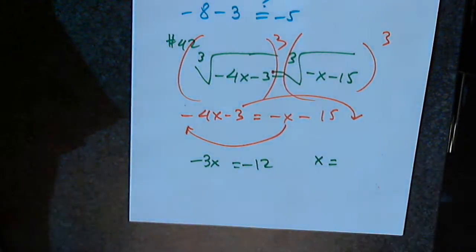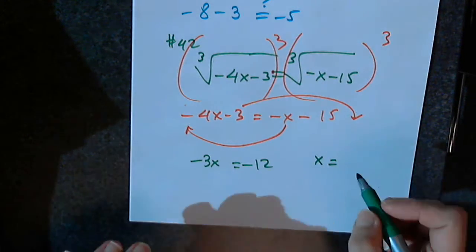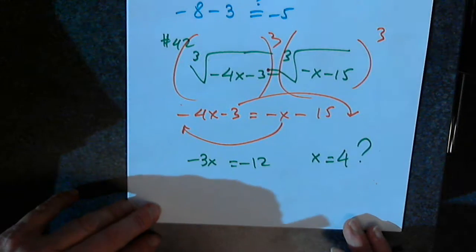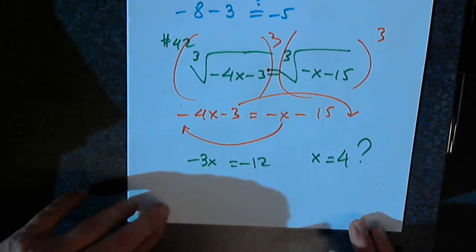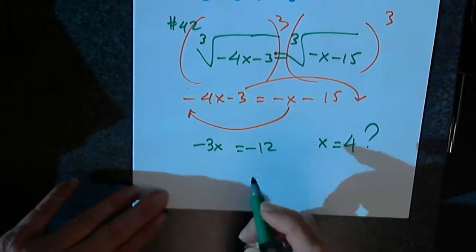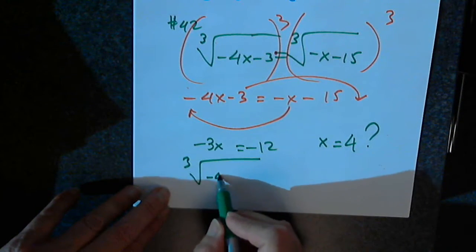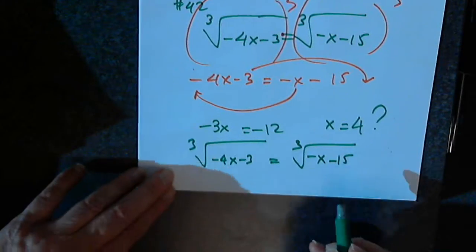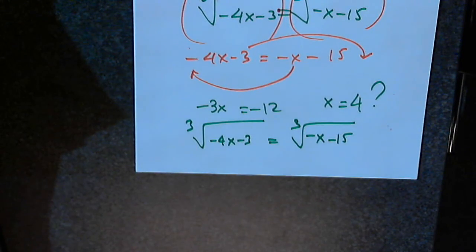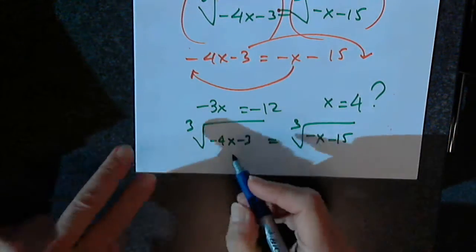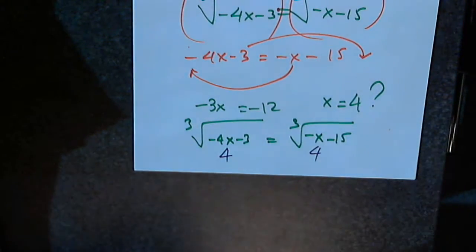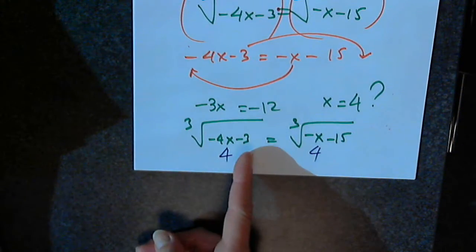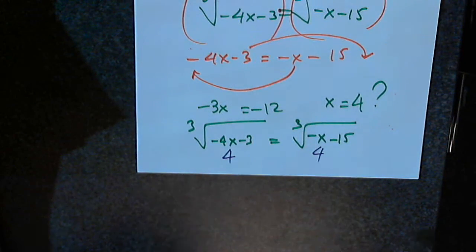So it appears that x equals 4. Nobody knows though. We do, because we raised it to which power? To an odd power. This should work mandatorily. So I'll go back. The cube root of -4x minus 3 and the cube root of -x minus 15. I will plug in 4 and see what happens. -4 times 4 is -16, minus 3 is -19.